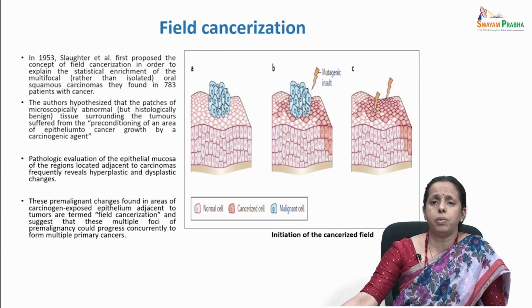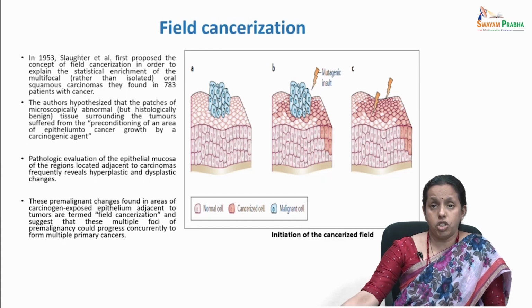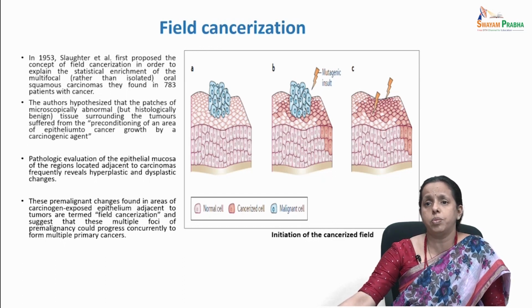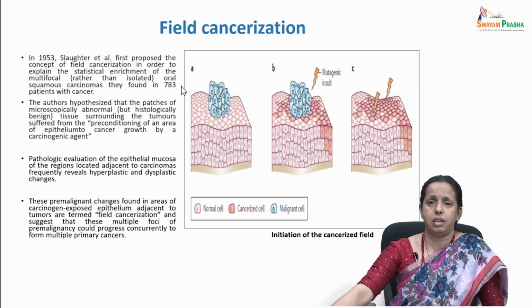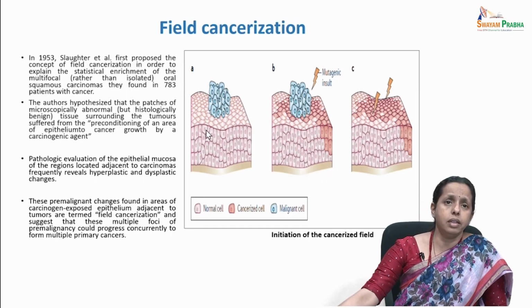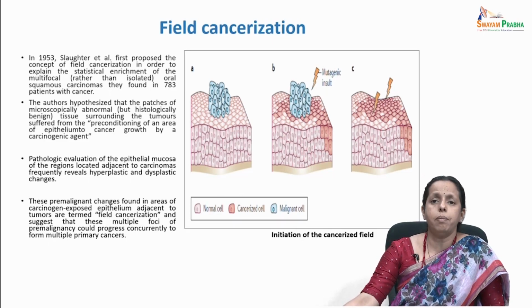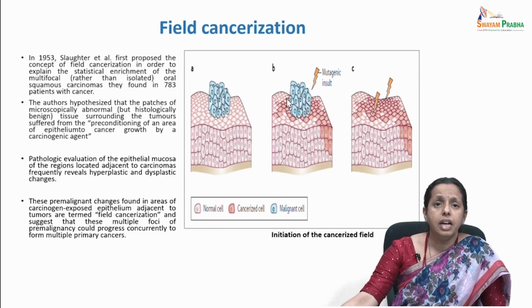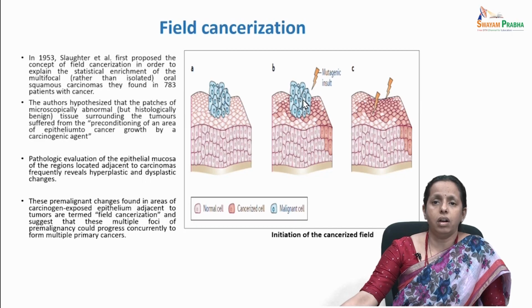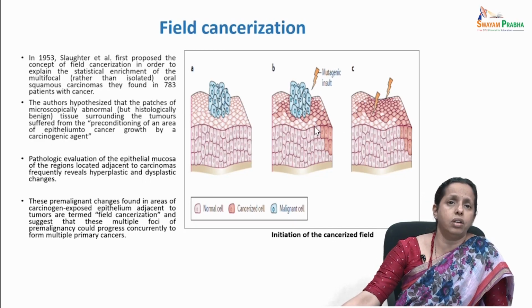A sporadic lesion, a tumor, does not share its tumorigenic mutation with the surrounding stroma. Whereas a tumor growing in a cancerized field is one that began from a malignant cell that initially shared tumorigenic mutations with the surroundings, but has an altered phenotype.